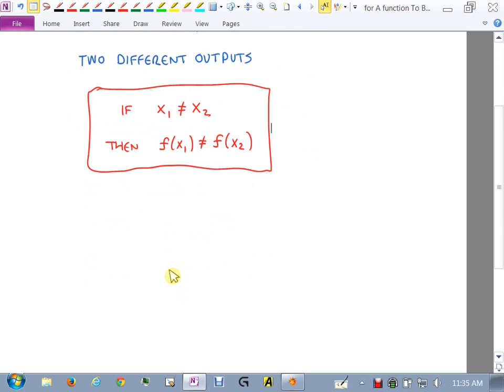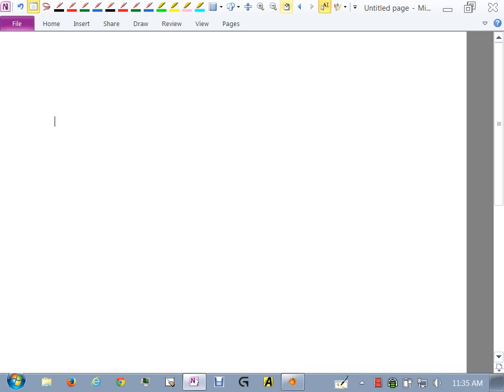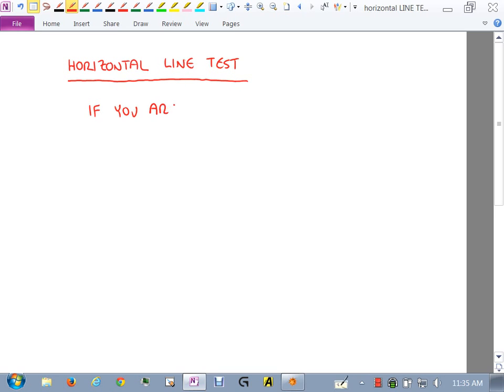So, okay, let's get to an easy way to see if a function has an inverse. It's called the horizontal line test. If you are given the graph of a function, okay, so somebody gives you a graph of a function, right?